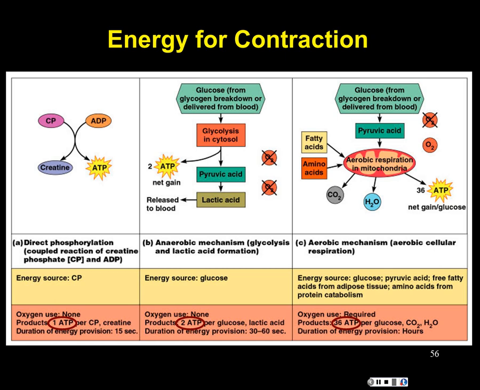How much? Two measly little molecules of ATP. However, under aerobic conditions, the mitochondria can be recruited, and we can produce upwards of 36 molecules of ATP under total processes.